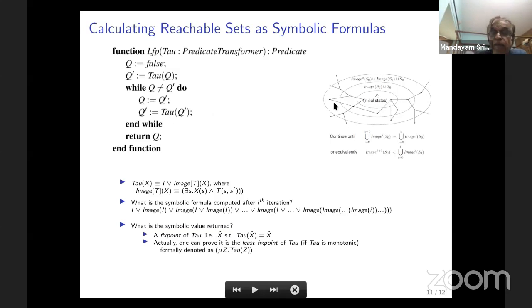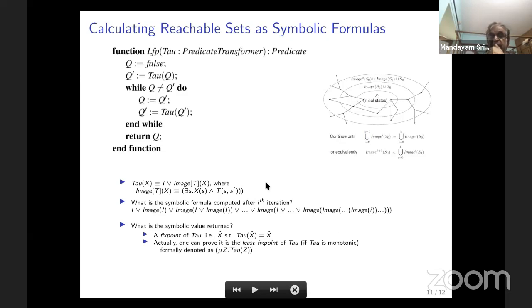And this reachability algorithm, like I said, can be expressed either as an inductive relation, like I showed before, or as a fixed point of a function that maps sets of states to sets of states. Okay, so tau maps sets of states to sets of states. Actually, one can prove, as I was saying, this is the least fixed point of tau, as long as tau is monotonic.